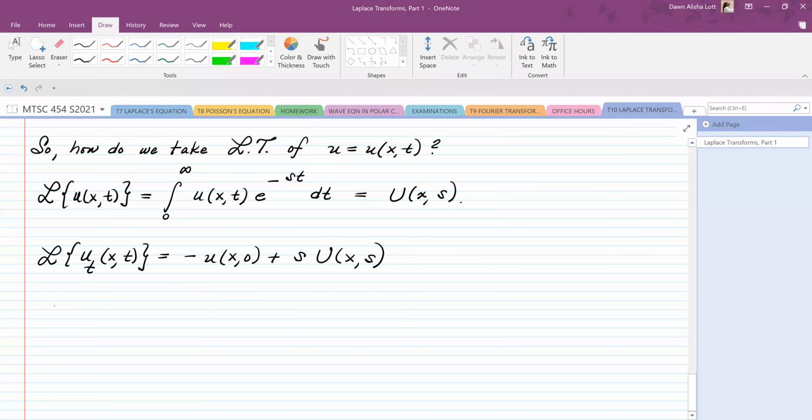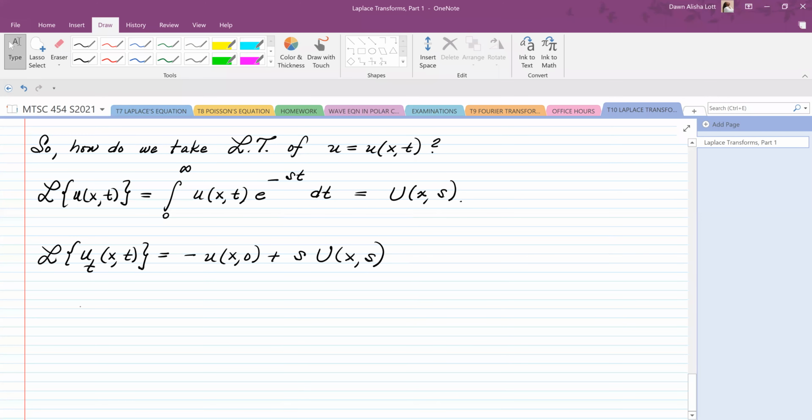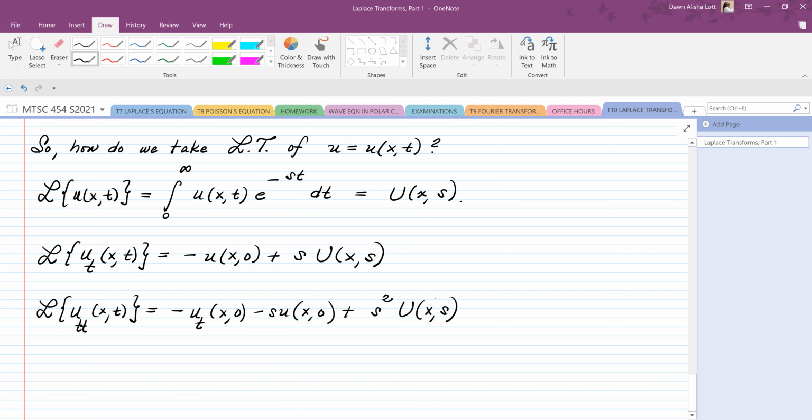The Laplace transform of u sub tt of x and t is going to be minus u sub t, that's the one derivative, of x and 0, minus s times u at x and 0, plus s squared, capital U of x and s.